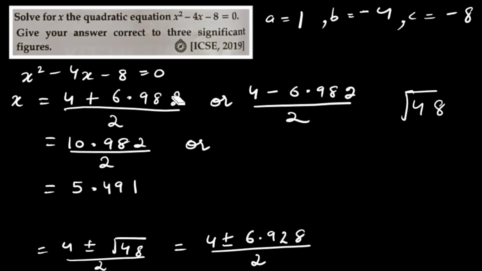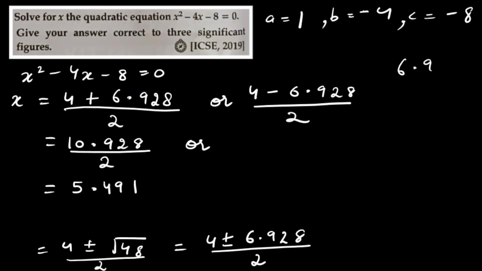Okay, so 6.928. So it is 10.928. So very good, Ranjan. You have pointed out the mistake. So 10.928, and here also when we subtract, what are we getting after subtracting?